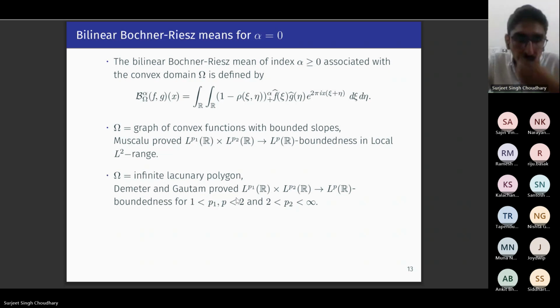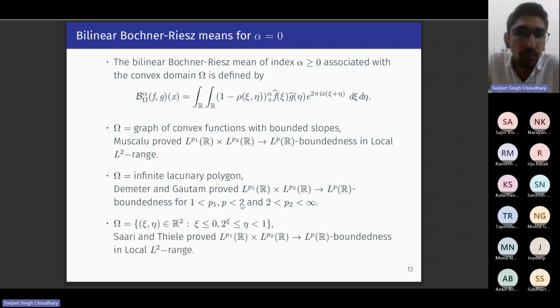So all the earlier results were in the local L2 range. This is the first boundedness result outside the local L2 range for the bilinear operator. And when omega is the domain given by (xi, eta) in R2 such that xi is less than or equal to 0 and eta lies between 2 to the power xi and 1, Saari and Thiele proved Lp boundedness in the local L2 range.